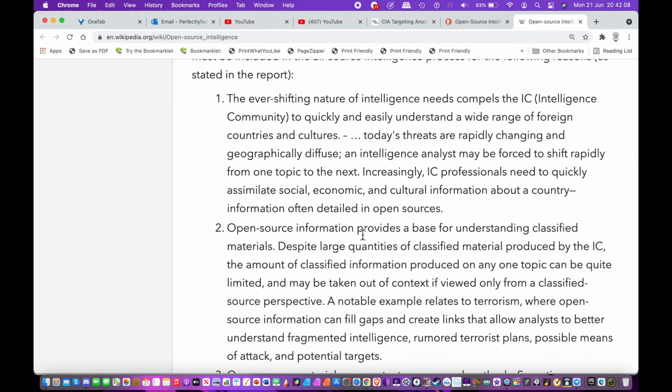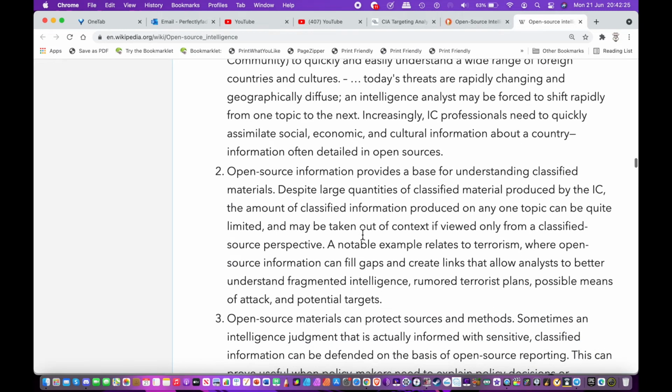Increasingly, IC professionals need to quickly assimilate social, economic, and cultural information about a country, information often detailed in open sources.